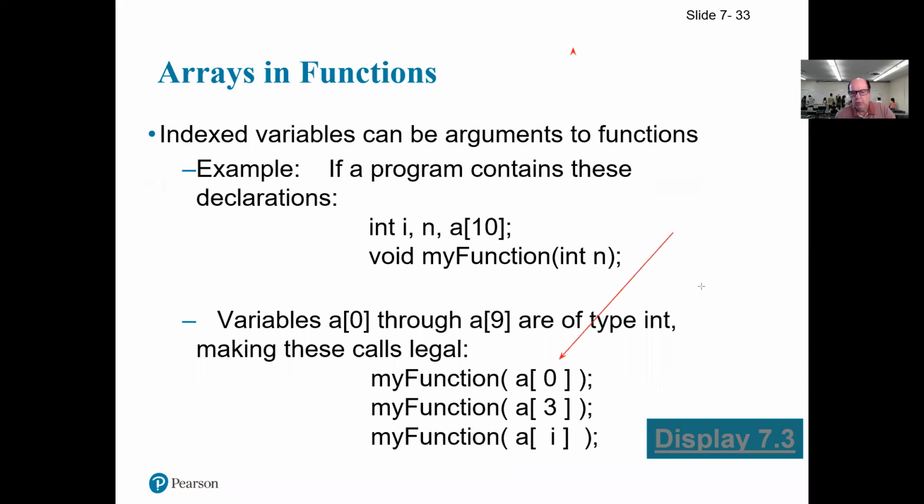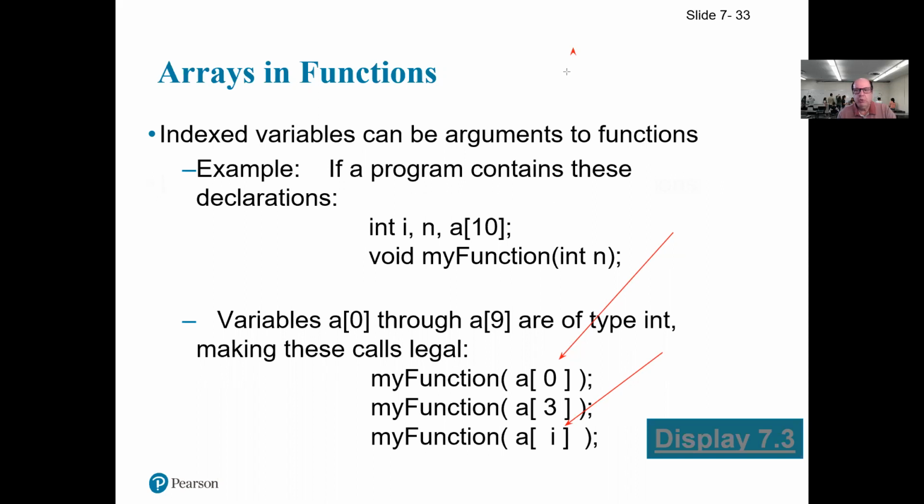Remember, if I put a number in my bracket for my array, that's one element. Of course, I can put a variable on it, and generally we use a variable because we use it in a for loop or things similar to that. So that is the way that you can pass one element at a time.